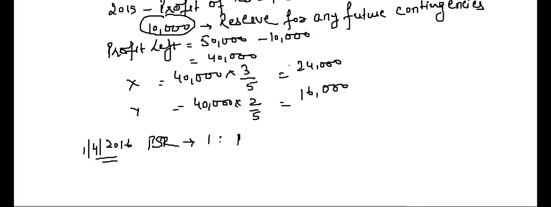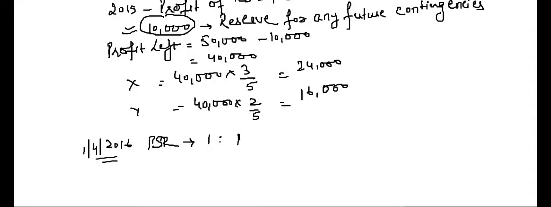Now on one point there is a conflict among the partners. A conflict arises between X and Y. What is the conflict? They say this 10,000 reserve that is lying with the firm is also a part of profit.